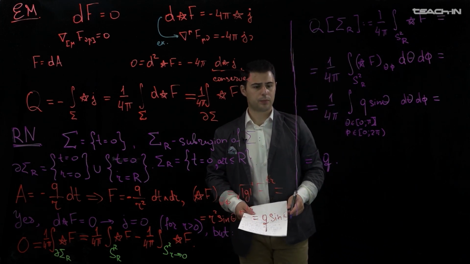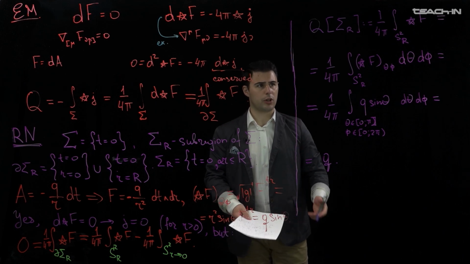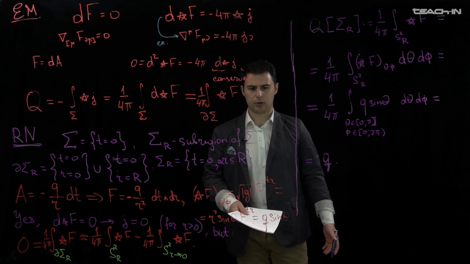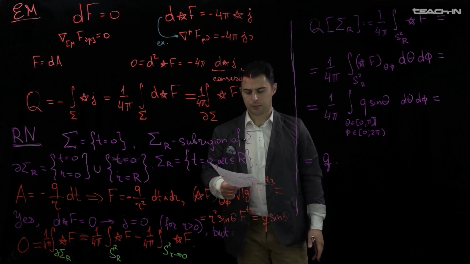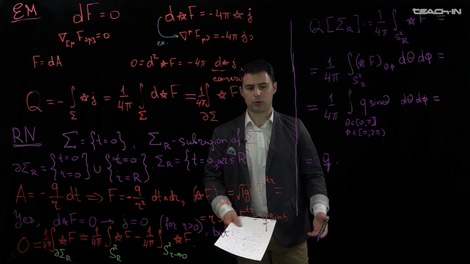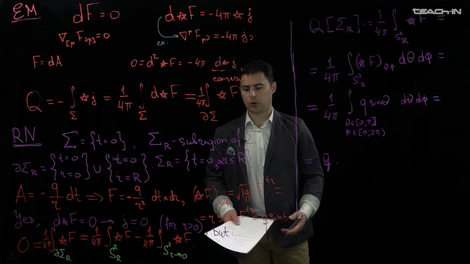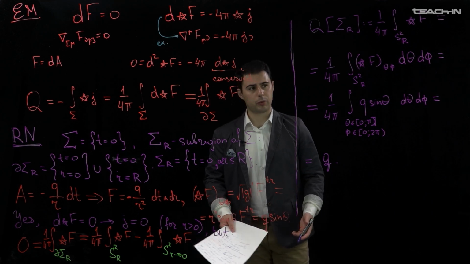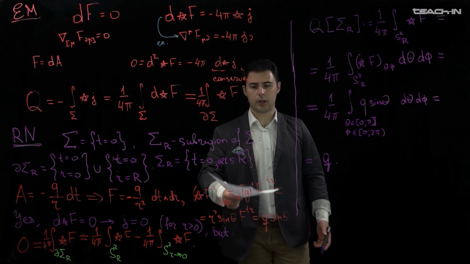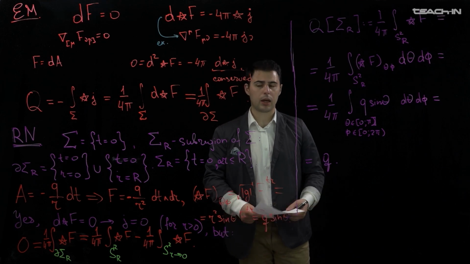So, two things to note here. First of all, as we said, this calculation was independent of the radius, and it works for any kind of surface. In principle, we would prefer to define the charges with respect to the surface at infinity, the surface where the radius r is set in the limit to infinity.